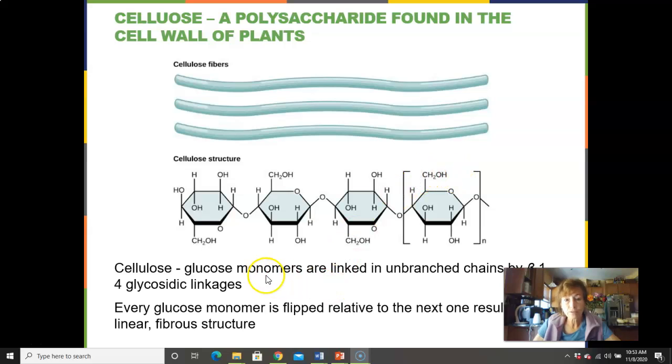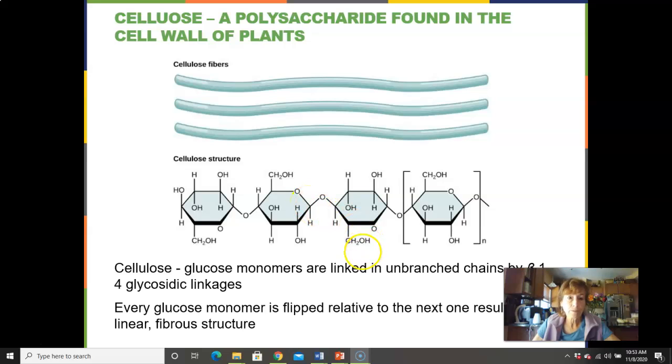So these glucose monomers, it's unbranched, so it's linear, but there are beta 1 to 4 glycosidic linkages. You might say, wait a minute, how do I know that? Because it's the direction of the molecule itself, which is flipped, but these bonds that you see here are actually more like this, except we have that flipped part on the one next door. So this is a beta.